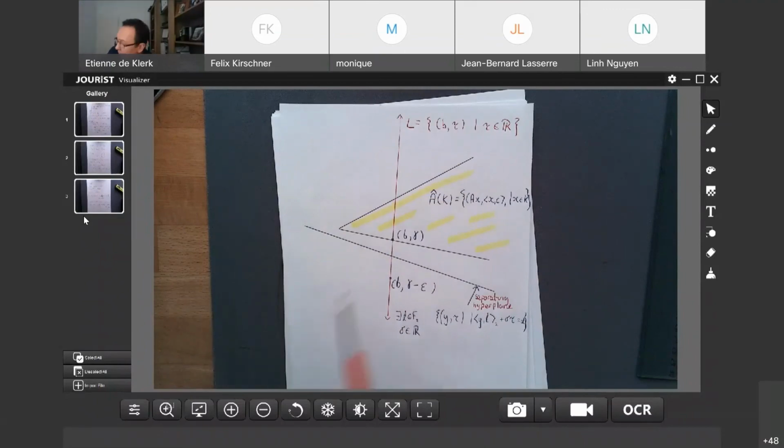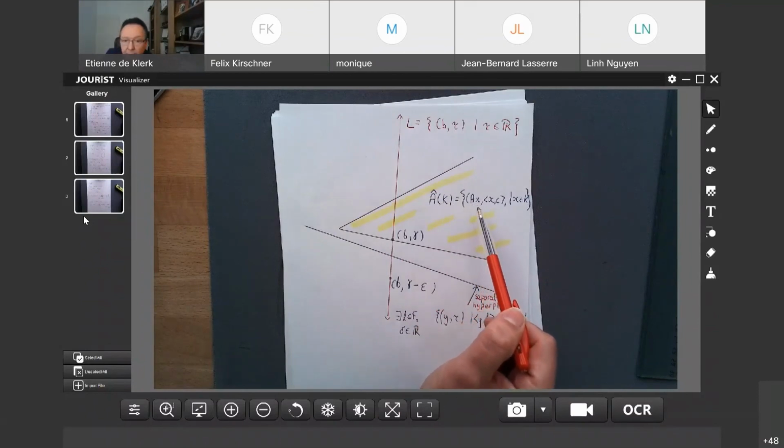Okay, so the elements of this A hat K have two parts. This AX part. So when AX is equal to B, then the linear constraints are satisfied.